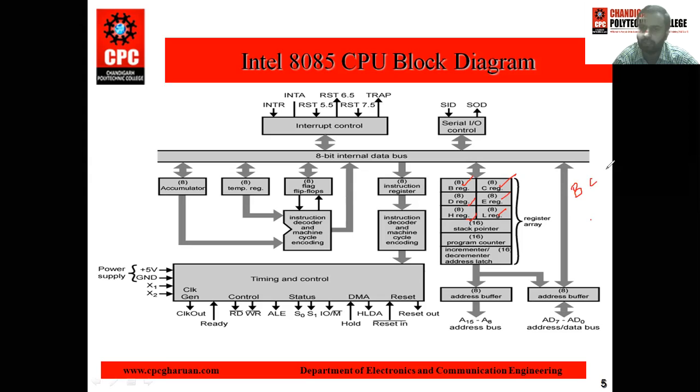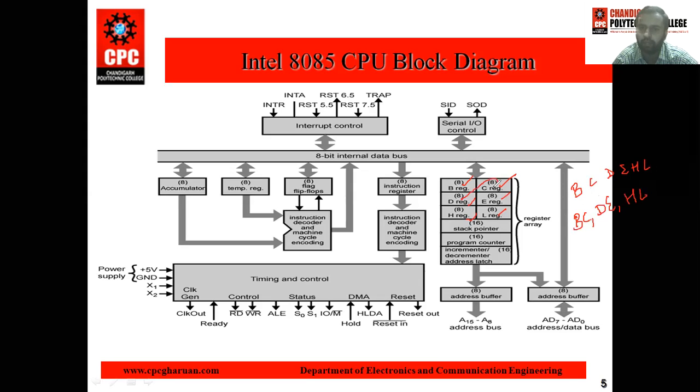B register, C register, D register, E register, H register, and L register. If we want to store more than 8-bit data, that is, 16-bit data, then we can use these registers in pairs. For example, BC pair, DE pair, and HL pair.